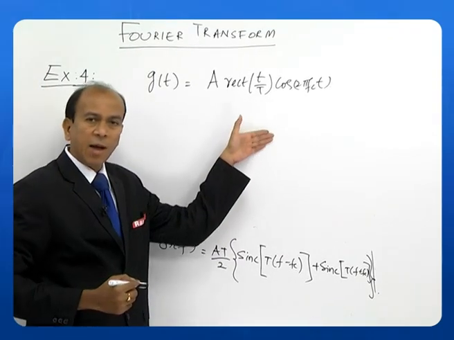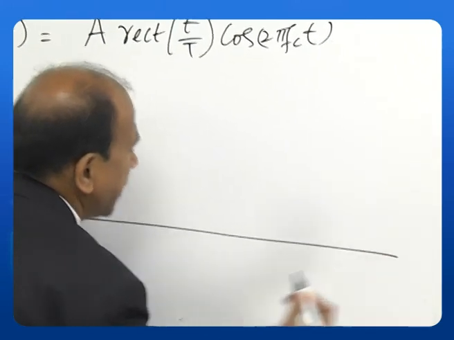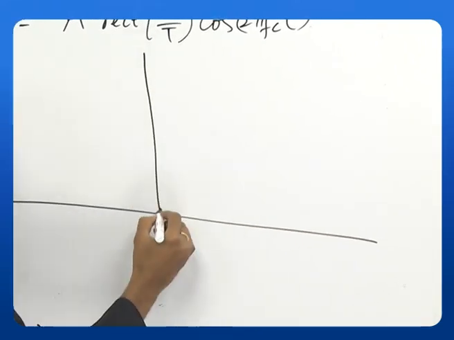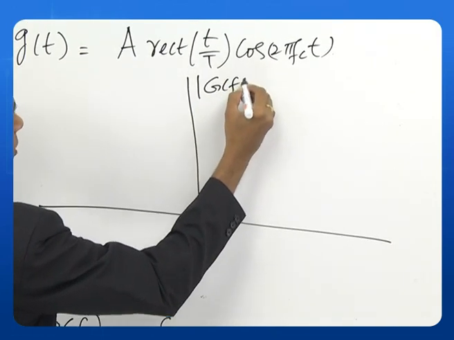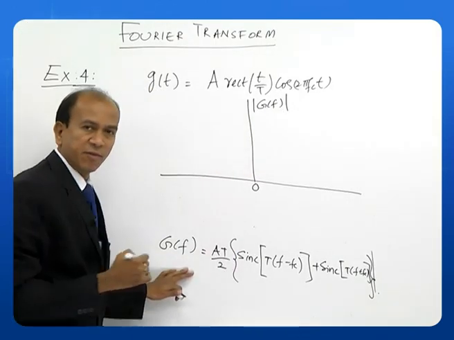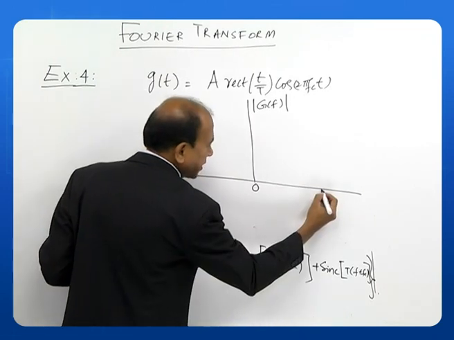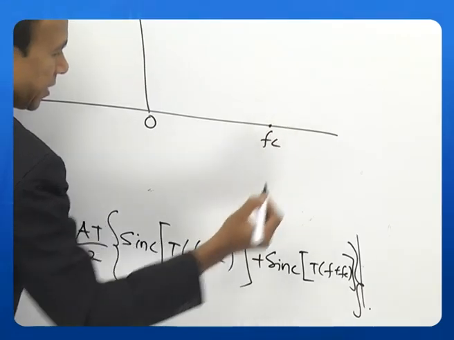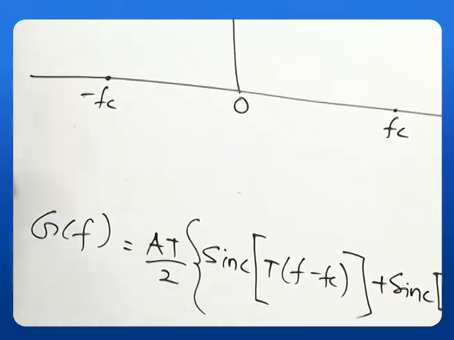Now, let us draw the amplitude spectrum of this. Here I am taking this as the origin, and this is the amplitude spectrum G(f). Now let us identify two frequencies here. Let us say this is one frequency and this is the negative frequency, minus f_c.